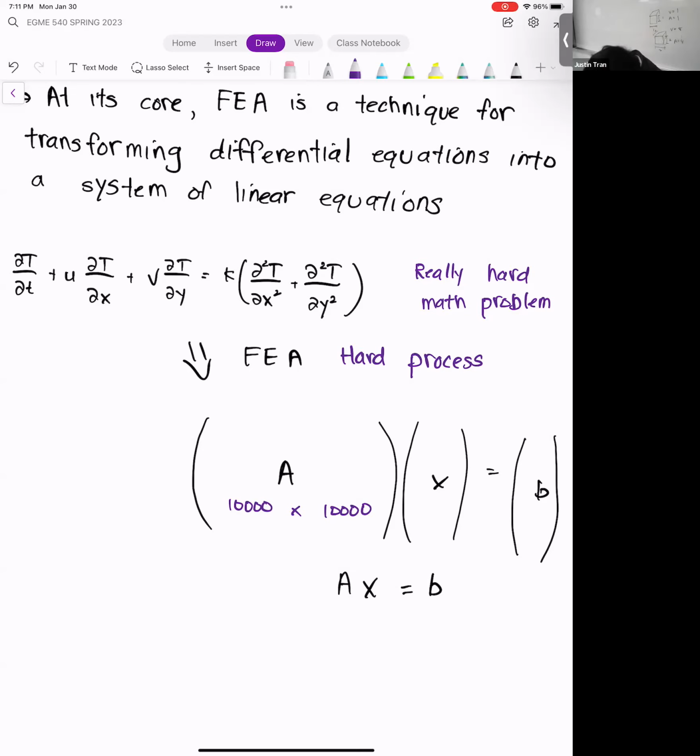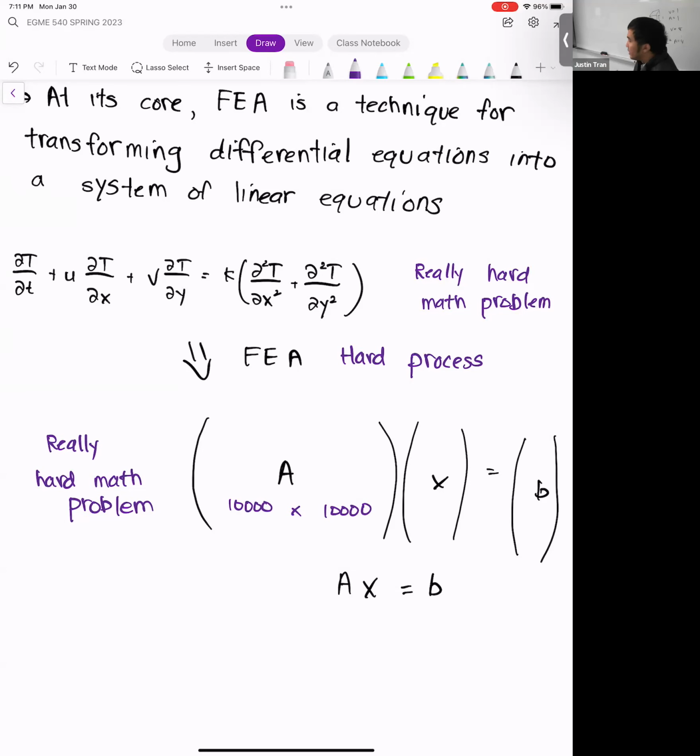And so when FEA was first proposed, first published in the literature, the way people viewed it was like this. So you start with a really hard math problem.